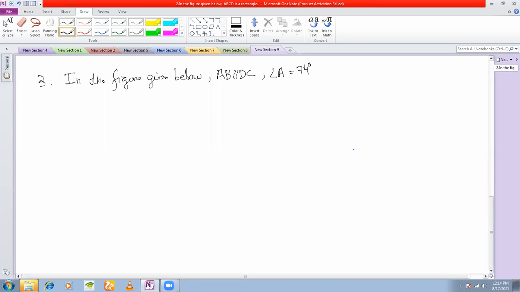And angle B to angle C is 4:5. The question is to find number 1, angle D, number 2, angle B, number 3, angle C. And this figure that is given to you here, it's an isosceles trapezium, I think.